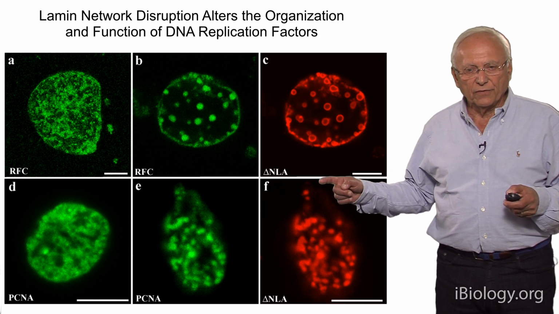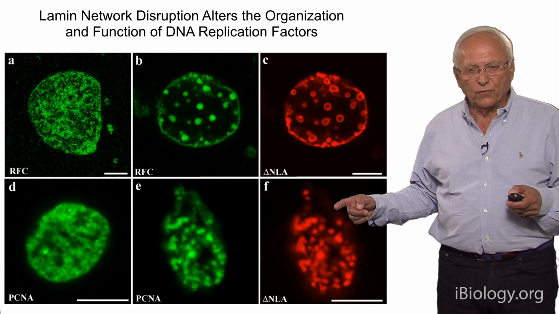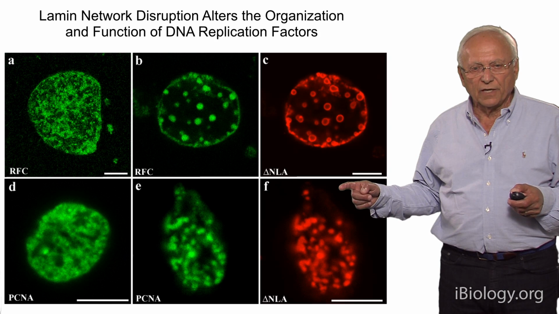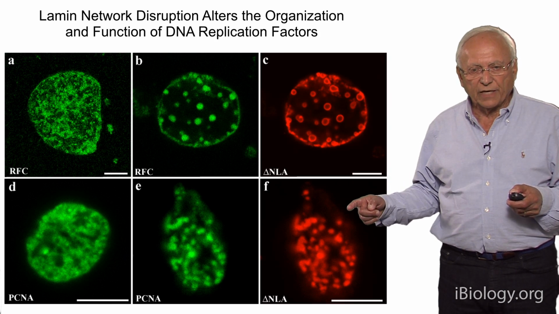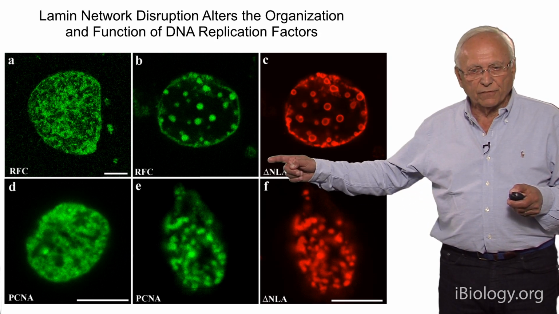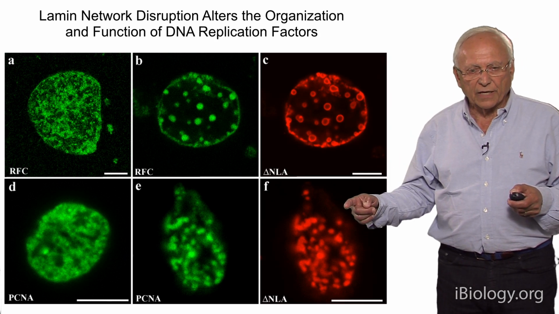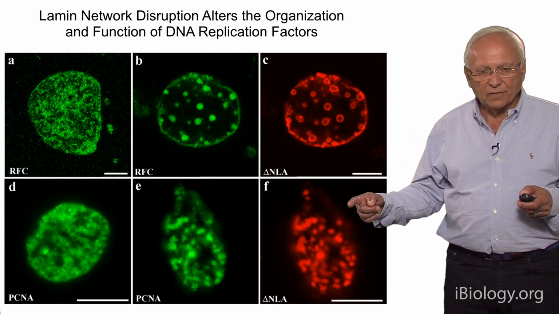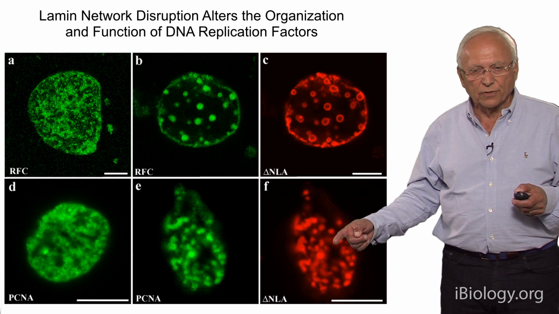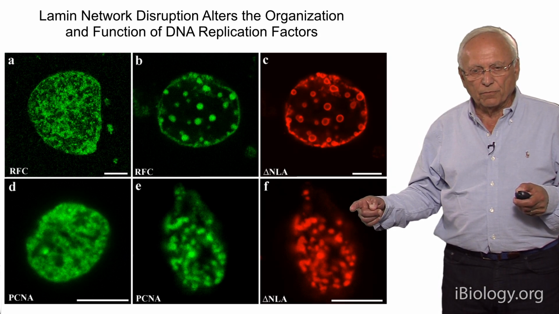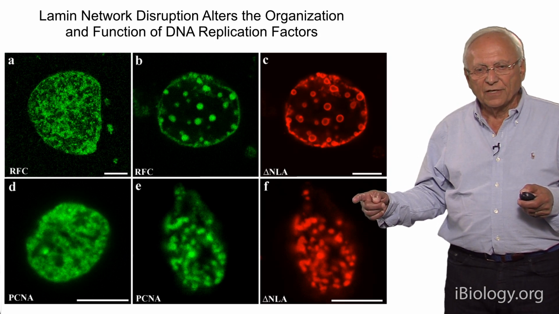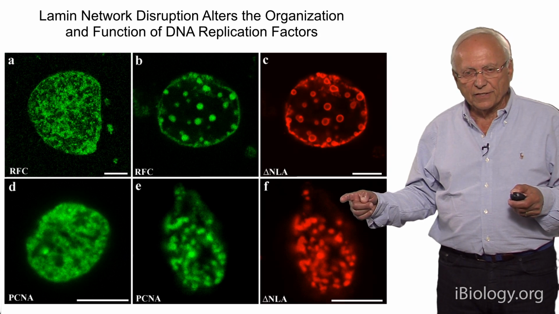DNA. And one of the features we looked for in these disrupted lamin nuclei were changes in two replication factors. One is replication factor C, seen in this top series, and the other is PCNA, proliferating cell nuclear antigen, which are both very important factors in the chain elongation phase of replication and in the function of DNA polymerase delta.